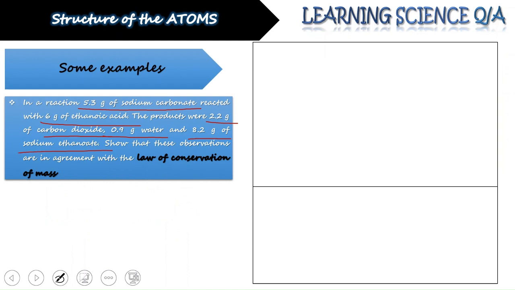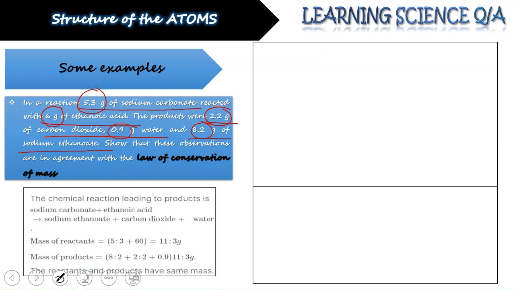We need to show whether these observations are in agreement with the law of conservation of mass. What we need to do is add the total grams on the reactant side, which are 5.3 gram and 6 gram, and check whether they are equal to the grams given on the product side. Right? So let's see it.